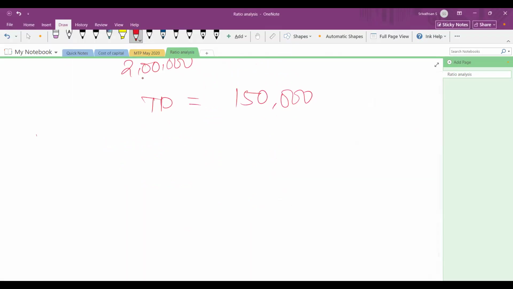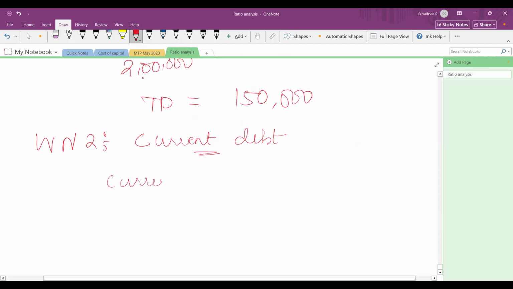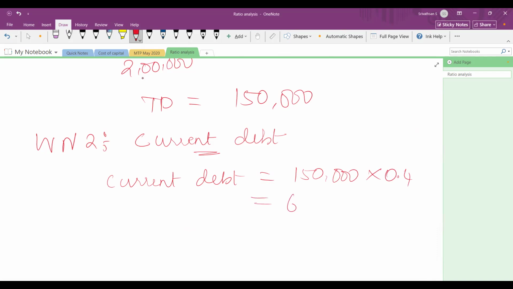Now listen, in the question it is mentioned that current debt to total debt is 0.4. So working note to calculate current debt, short term. Current debt is equal to 1,50,000 into 0.4, which is 60,000, right?